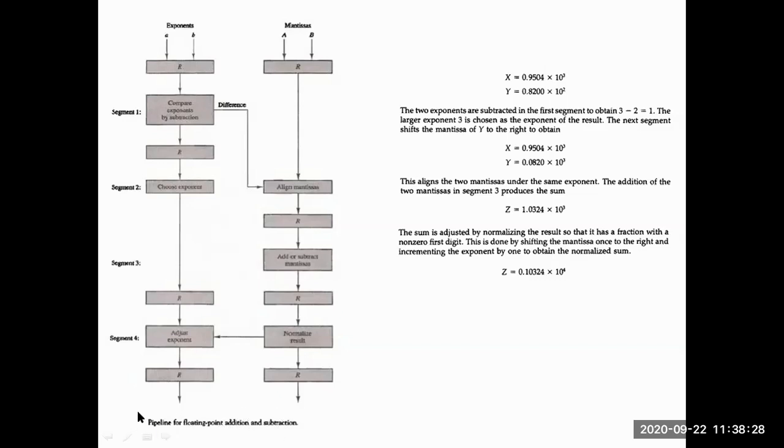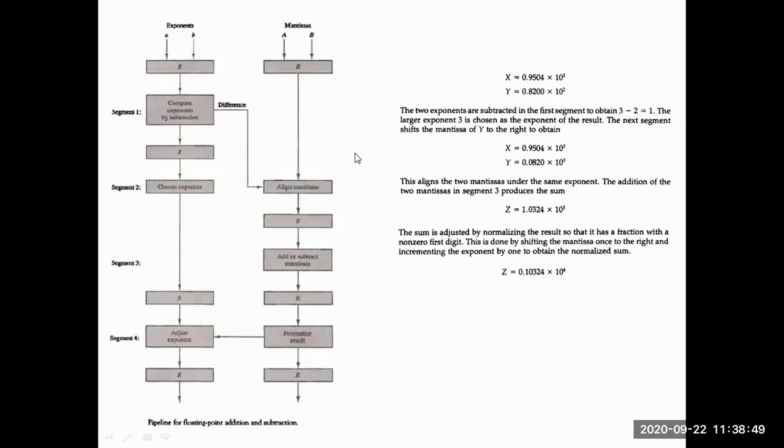To create such a pipeline, it would be of this structure, and there will be 4 segments in this pipe. What will be the job of those four segments? It is mentioned here. We will see them one by one.